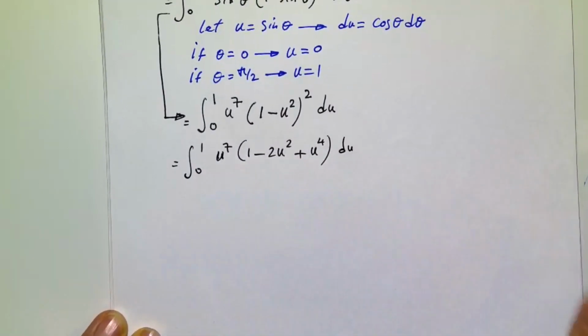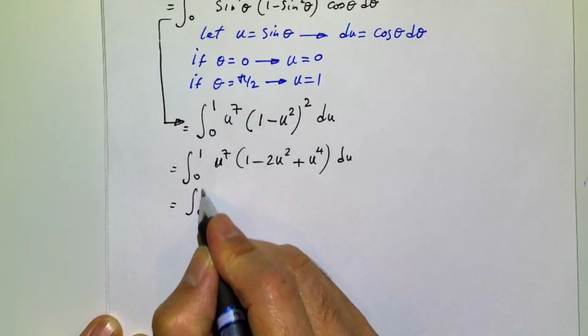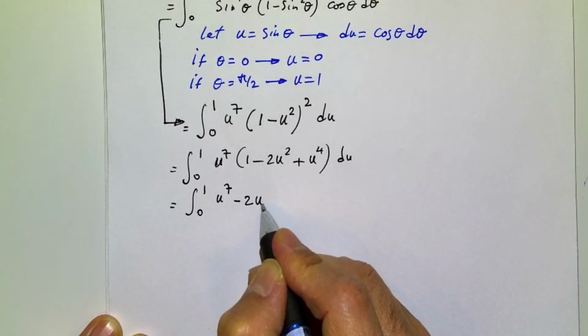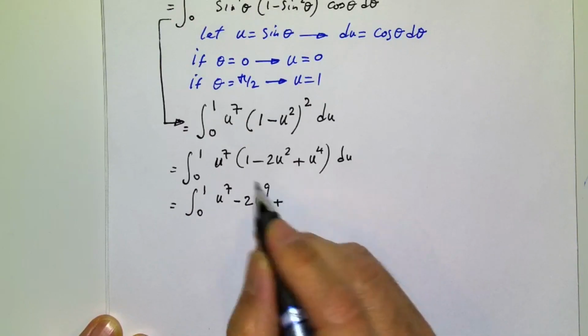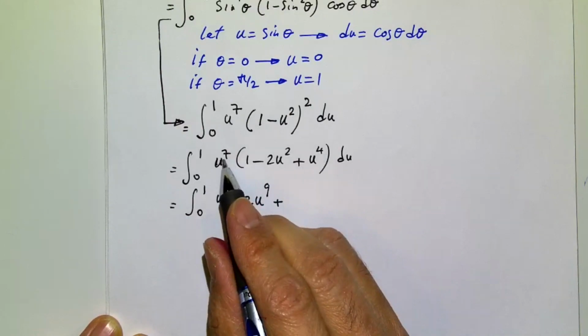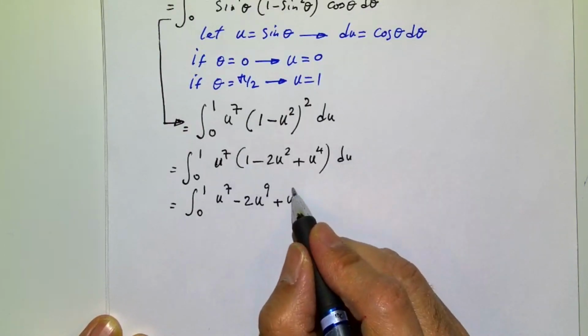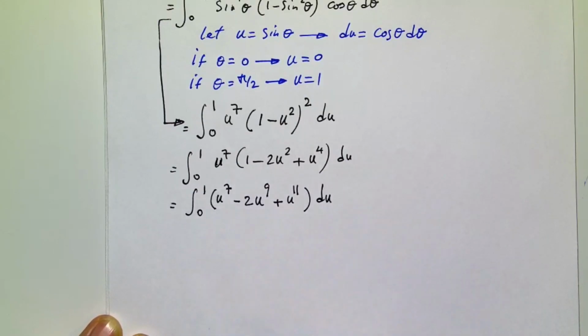So we have the integral from 0 to 1 of u to the 7th, minus 2u to the 9th power, plus u to the 11th power, right? The bases are the same, so we add the powers, and of course the parentheses, du.